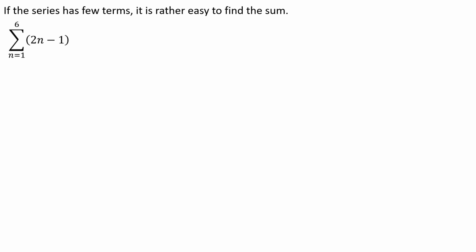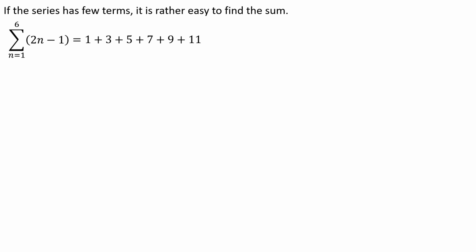Now, if the series has very few terms, it's relatively easy to find the sum. So for example, here, there's only 6 numbers in the list, as n goes from 1 up to 6. If I plug in 1, 2 times 1 is 2, take away 1, I get 1. If I plug in 2, 2 times 2 is 4, take away 1, you get 3.